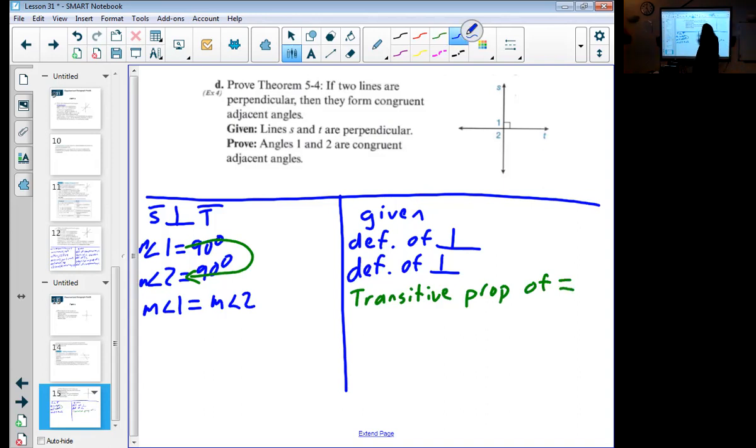We also have the other method where we have 90 degrees, and we know that that is equal to the measure of angle 2 from our second one. So this could also be the substitution property.